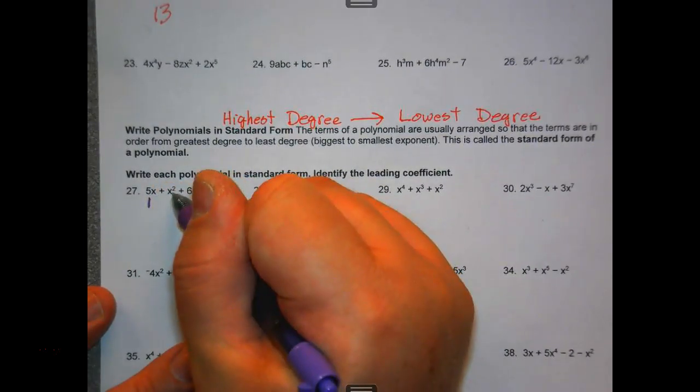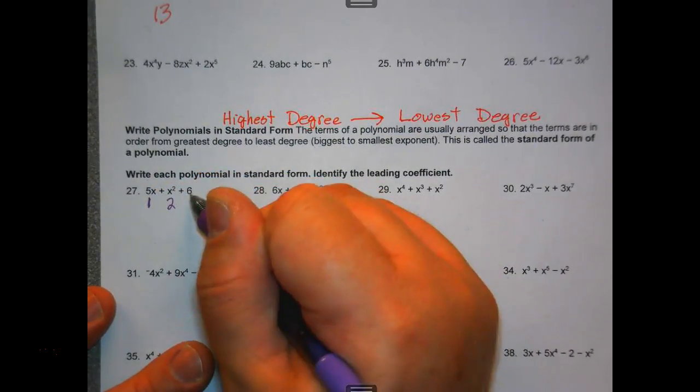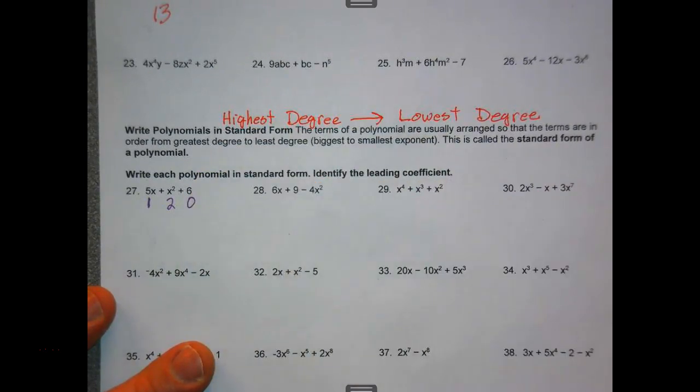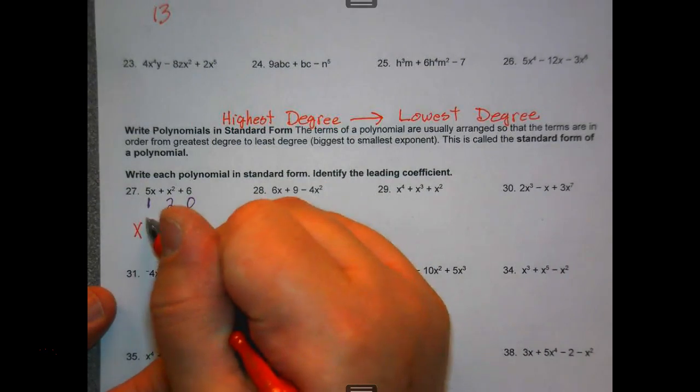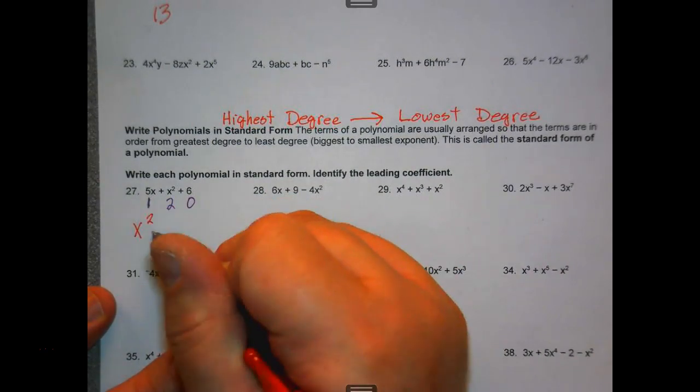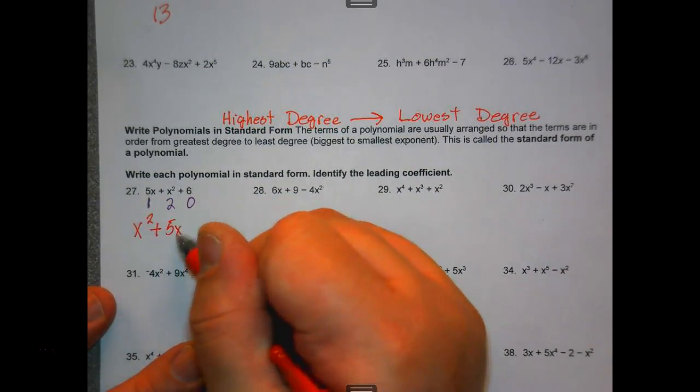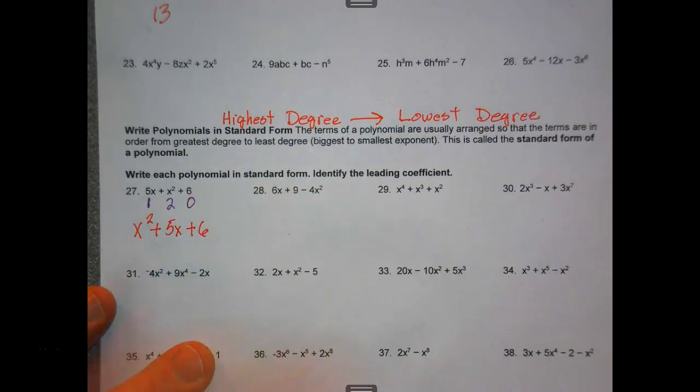What's the degree of x squared? And what's the degree of 6? So highest to lowest. So I have x squared, that's a positive 5x and a positive 6. So they're standard form.